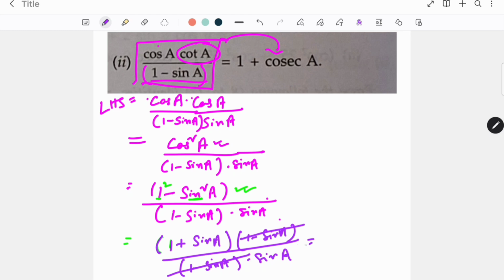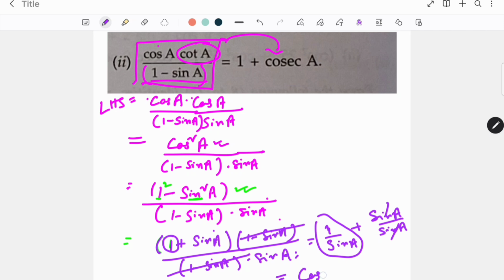Whatever we have, we will write each term by each term. That means this 1 by sine A down plus this sine A and this sine A. We can separate the terms as the denominator is single. So this will be cancelled. We'll get 1, and 1 by sine here. This 1 by sine means cosec.